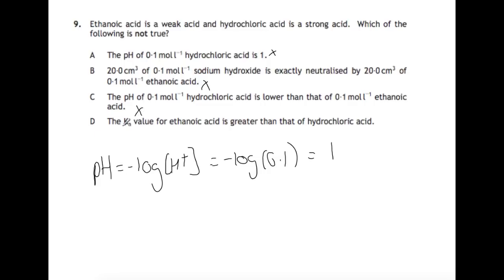So that leaves us with D. The Ka value for ethanoic acid is greater than that of hydrochloric acid. So your Ka value is your concentration of H+ ions and A- ions divided by your concentration of the acid that you started with. For a strong acid, it almost completely dissociates, so the top line dominates, so you end up with a very large Ka.